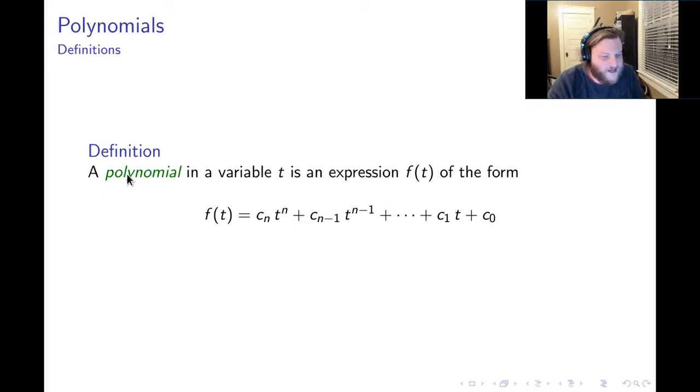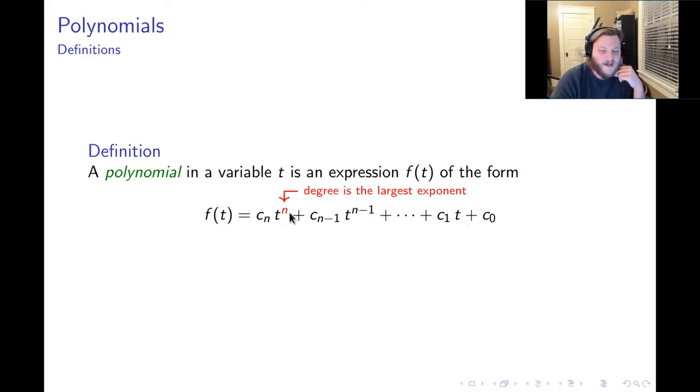Well, for us, a polynomial in a variable t is an expression f of t that looks like this. f of t equals some scalar c sub n multiplied by t to the n plus another scalar c sub n minus 1 times t to the n minus 1. And we continue in this fashion, decreasing the power of t by 1 each time, and multiplying by a scalar by the next power down, until we get to the last two terms, which would be c sub 1 times t plus c sub 0.